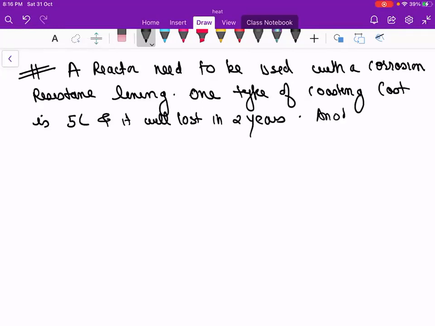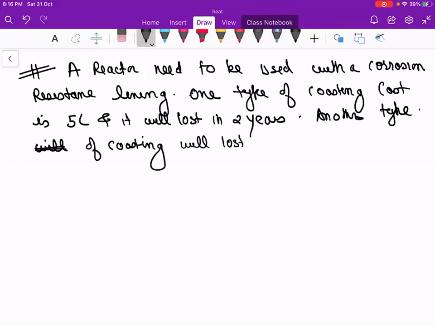Another type of coating will last 3 years.